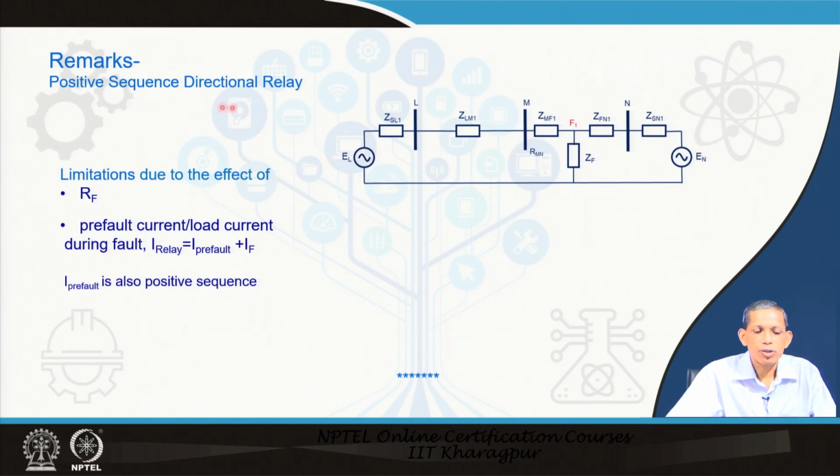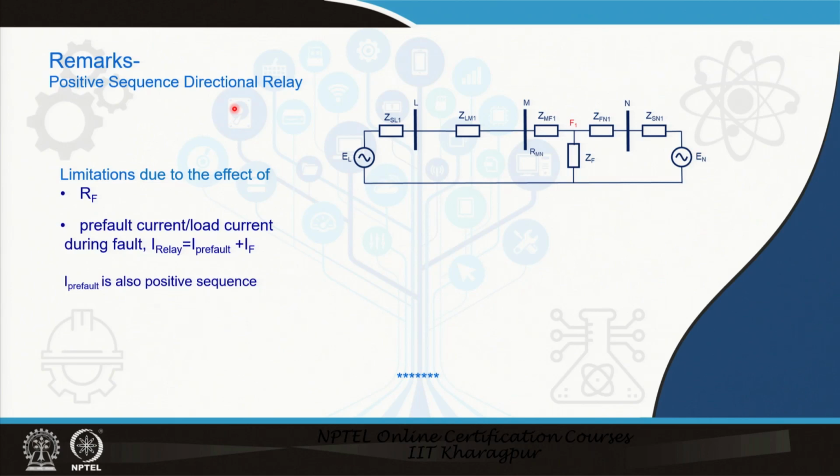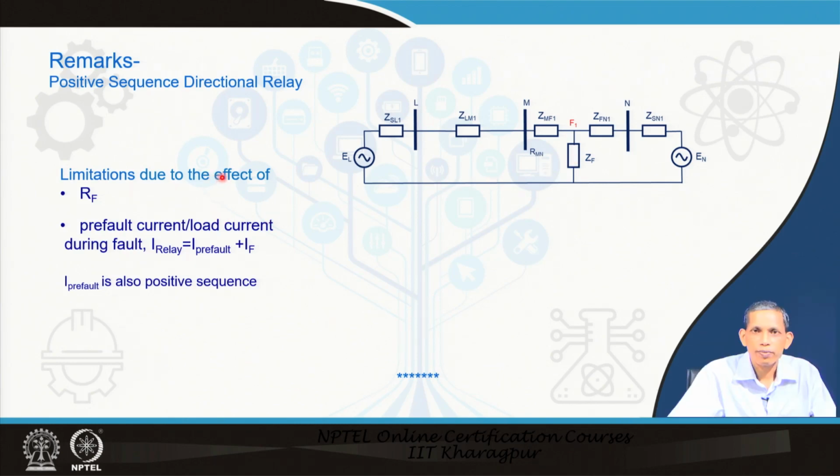So, we see that positive sequence based directional relaying can be obtained, and this is based on this kind of equivalent positive sequence diagram, but we observe that when the RF value becomes significant, then the corresponding decision by the relay may be affected.